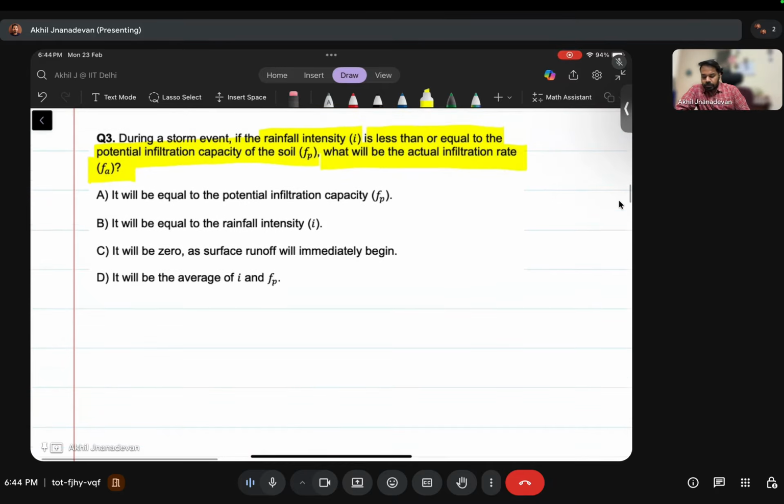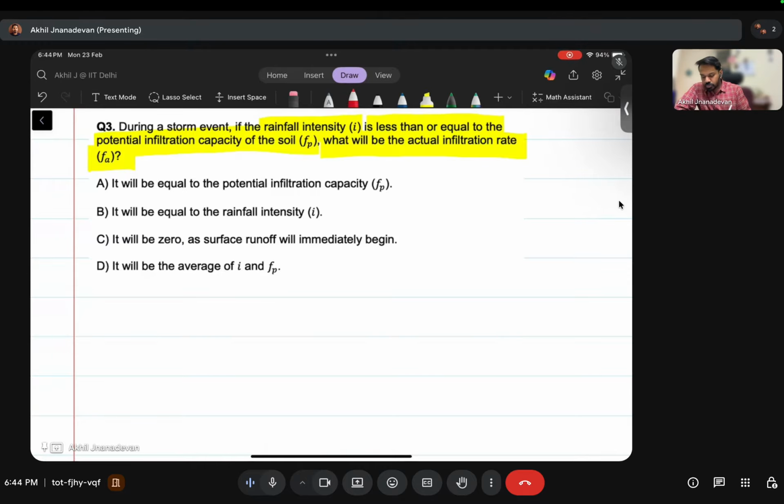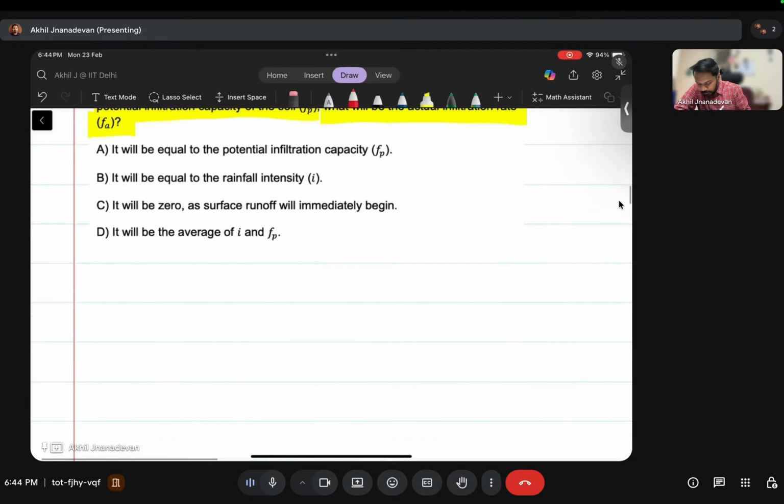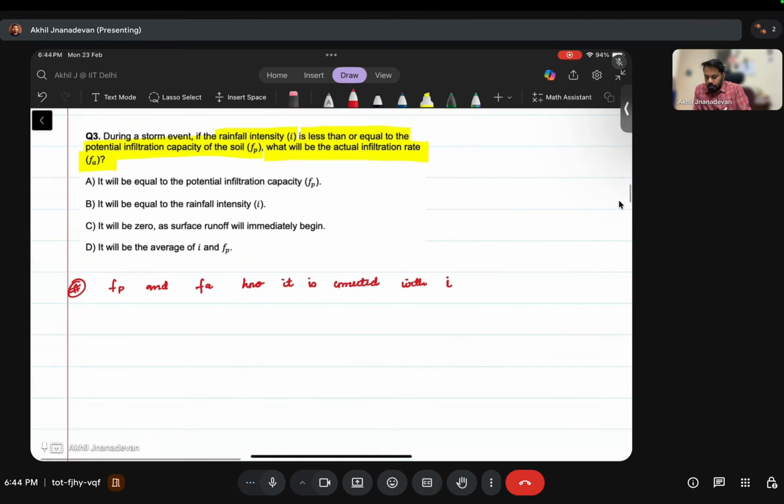So here we need to know about two terms, that is FP and FA, and how it is connected with rainfall intensity. So this is something that is important here.